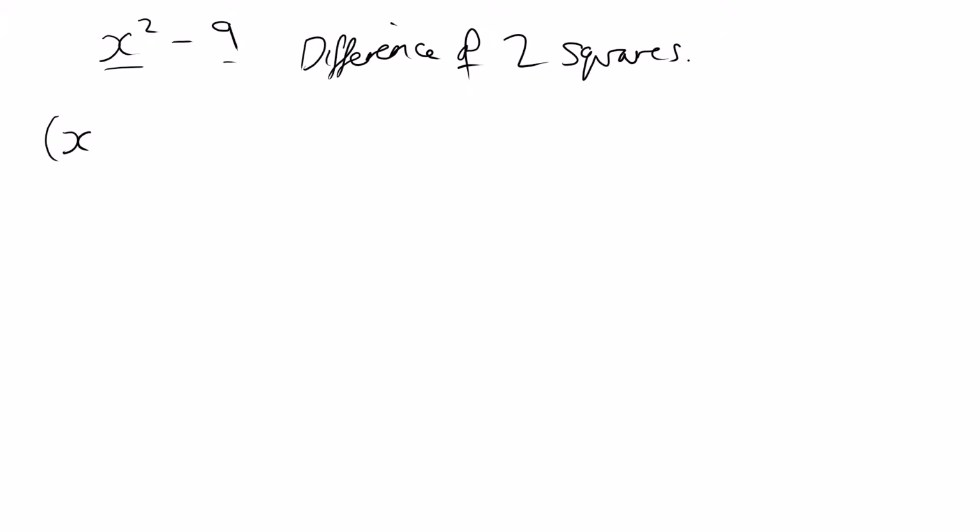And I can tell you that the factorised form is x minus 3, x plus 3. The reason for this is when we add negative 3 and plus 3 together, they cancel out to make 0. So whenever we're missing the x term, a difference of two squares, it's going to be x plus and x minus the square root of this number here.